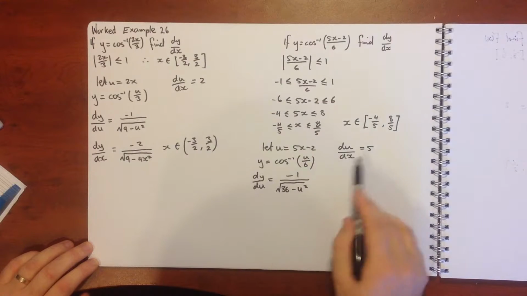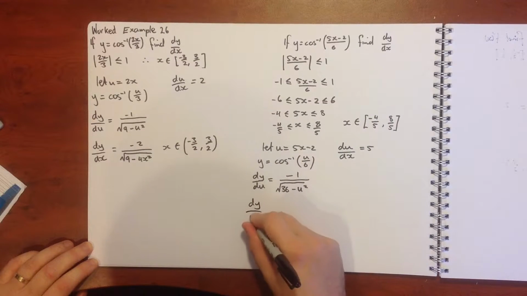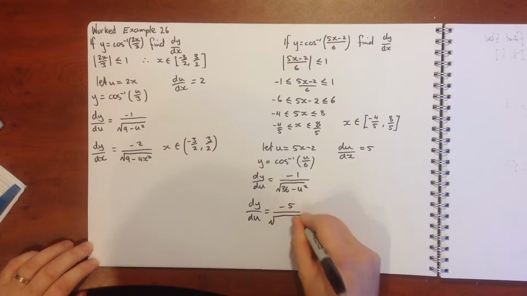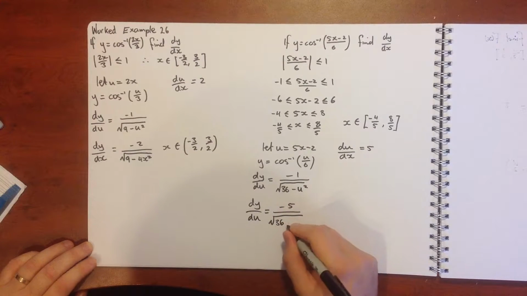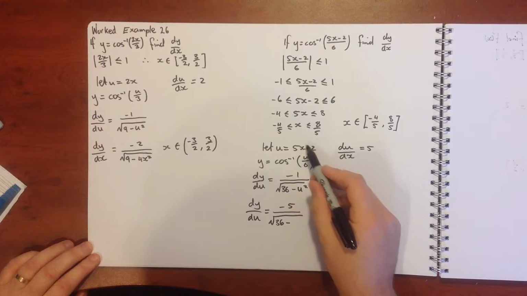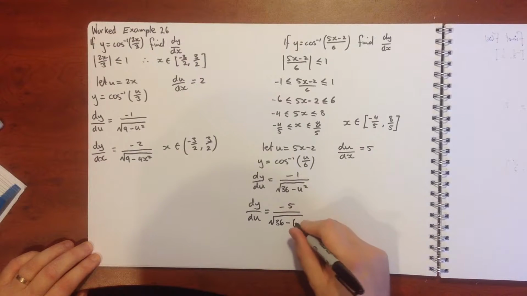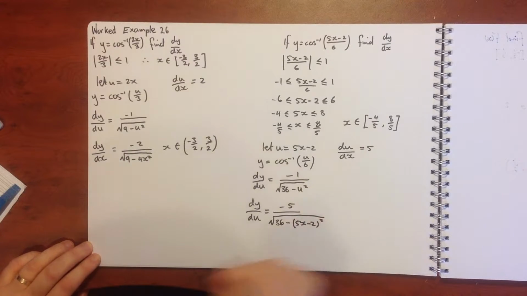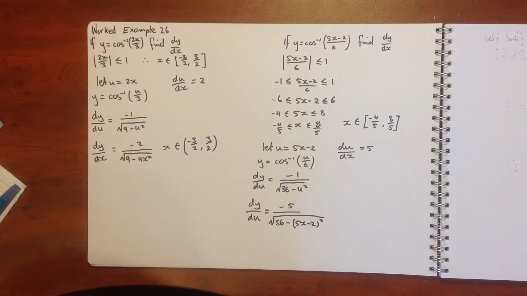Now we can times them together, so dy/dx equals minus 5 on the square root of 36 minus, u squared is all this squared, so 5x minus 2 squared. We do want to expand that out.